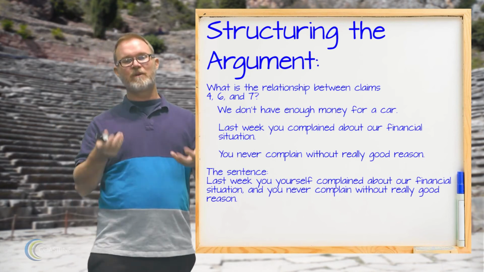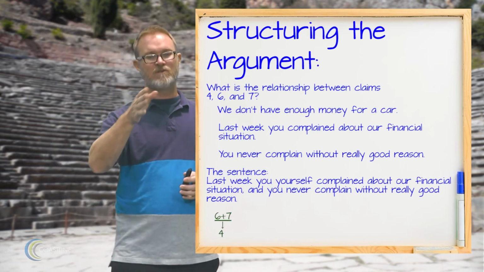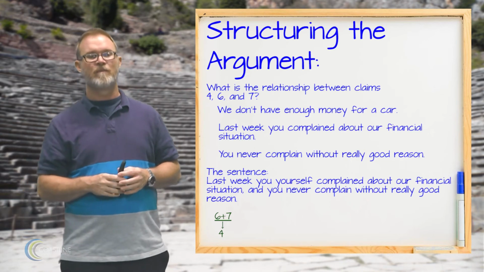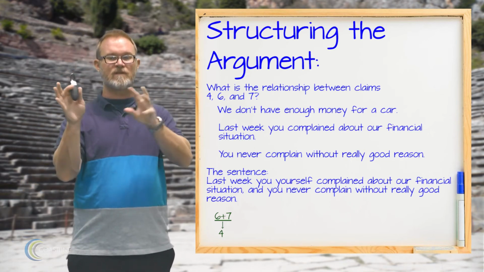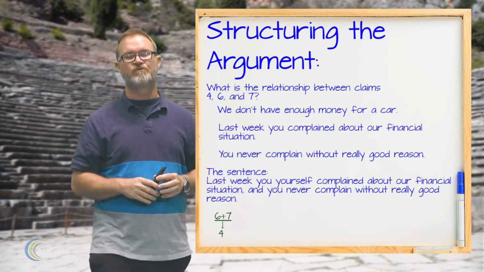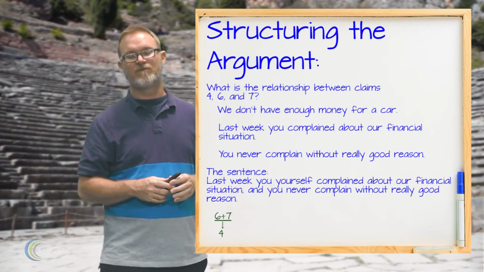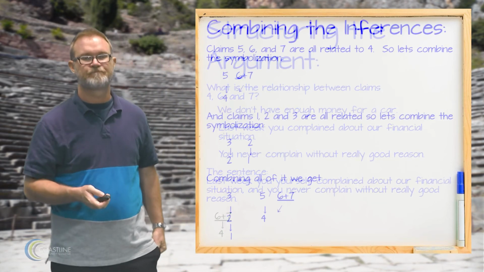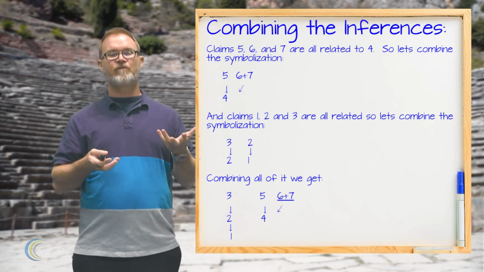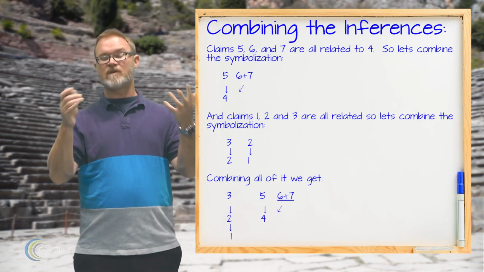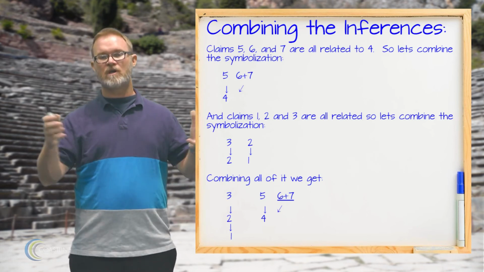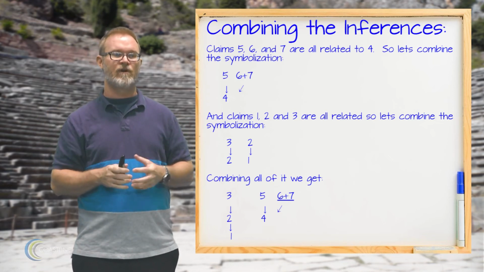So the way we symbolize this, right? Dependent premises, you have this plus symbol. And so we have 6 plus 7 and then down to 4, right? 6 plus 7 down to 4. Okay, so now if you look at the symbolization that we have so far, you can start to throw things together.